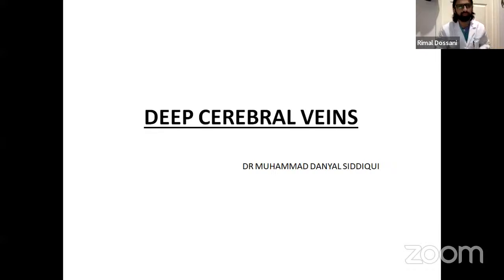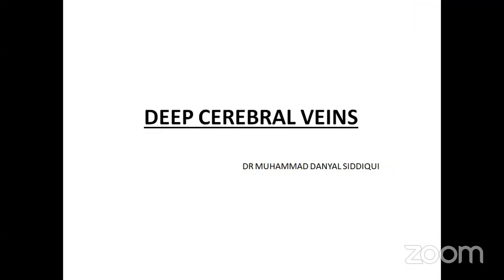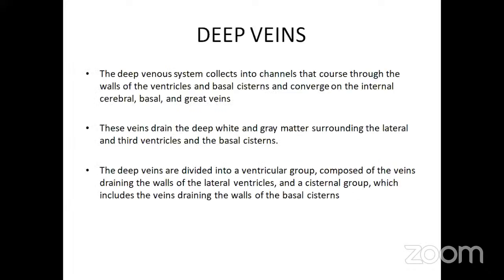Yes, sir. Hello, assalamu alaikum, everyone. So today's topic of presentation is deep cerebral veins. Discussing the deep cerebral veins, the deep venous system collects into channels that course through the walls of the ventricles and basal cisterns, and these converge on the internal cerebral, basal, and great veins.